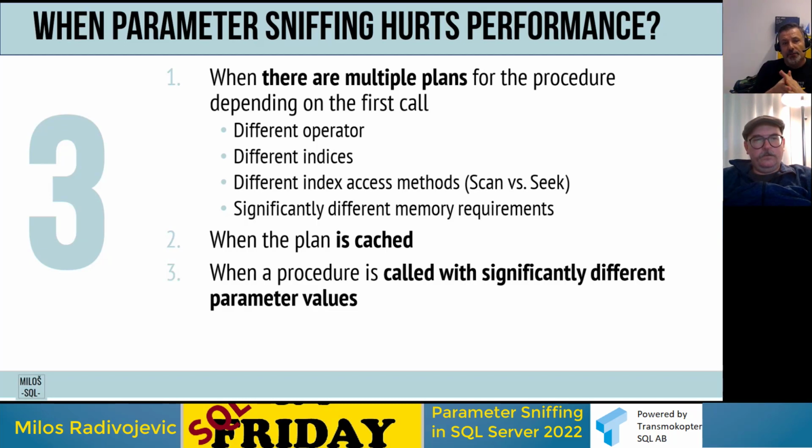Also when you have significantly different memory requirements: the same plan, but your query returns a few rows and then a few million rows. And we have a problem. The plan must be in cache; when the plan is not in cache, then generally we don't have a parameter sniffing problem. And we have significantly different parameter values.